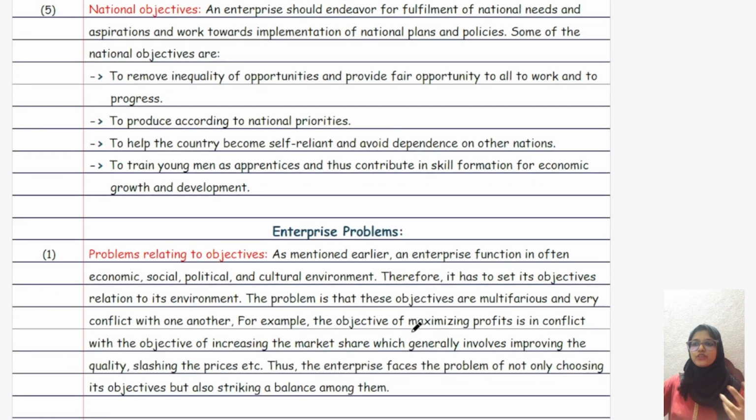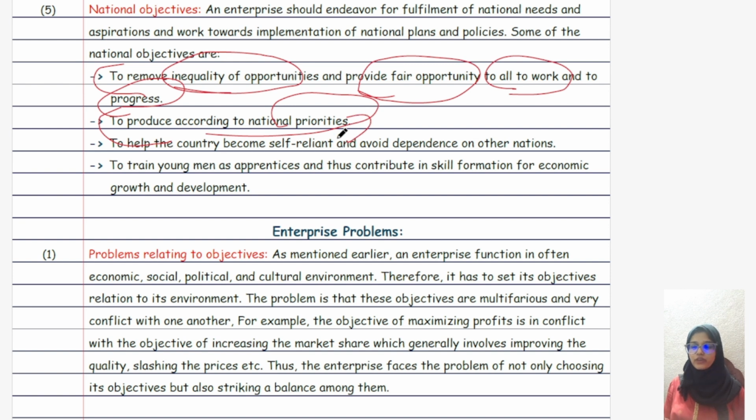And we have national objectives, which are towards our country: to remove inequality of opportunities, provide fair opportunity to all to work and to progress, and to produce according to national priorities. What is our national priority? To help the country become self-reliant and avoid dependence on other nations. And to train young men as apprentices and thus contribute to skill formation for economic growth and development.